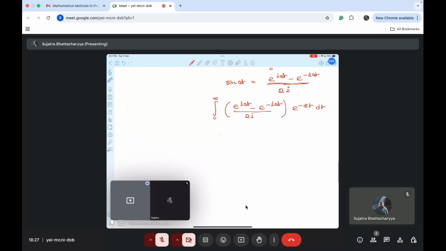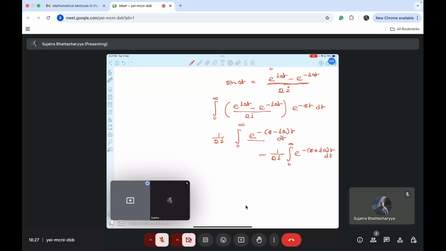All right. So now what we will do is let's take 1 upon 2i common out of the integral 0 to infinity e to the power minus (s minus iota a) t. And you have minus 1 upon 2i integral 0 to infinity e to the power minus (s plus iota a) t dt. All right.